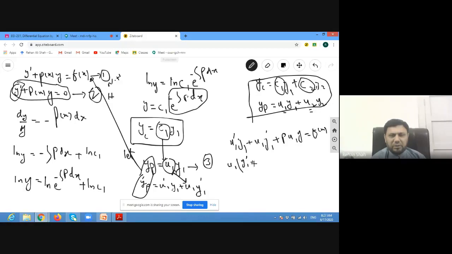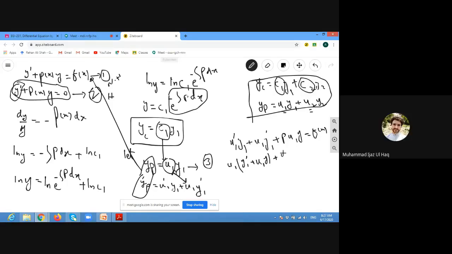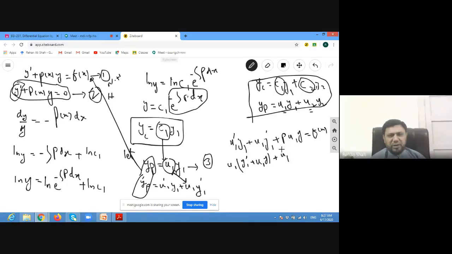Is it clear now? This is equal to u1 dash y1, and this is equal to f of x.